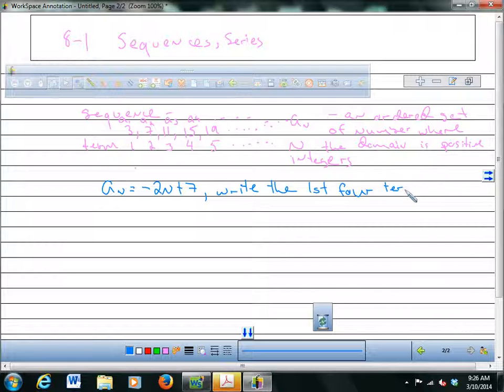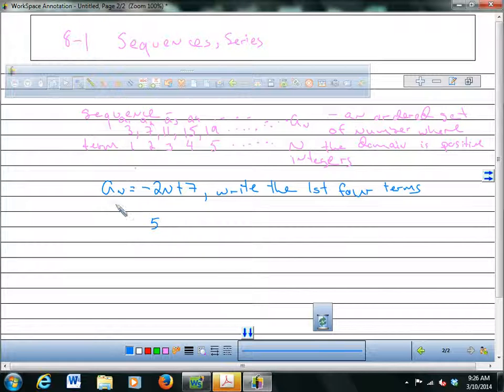Could you do that? Stephanie, how would you do that? What would be the first term? No, it would be negative 2. You just plug in 1 here. So negative 2 times 1 is negative 2, plus 7 gives you 5.